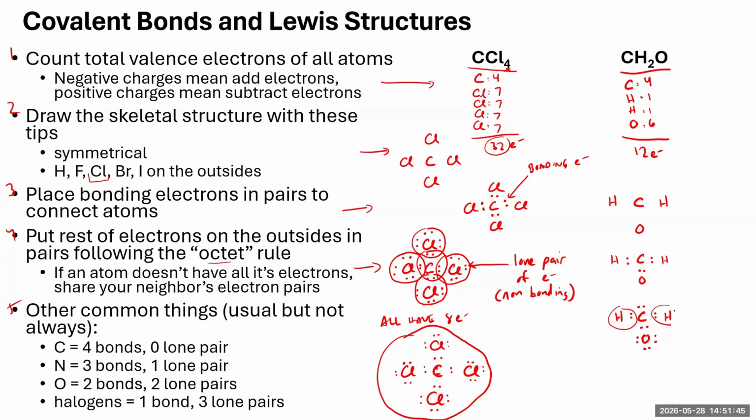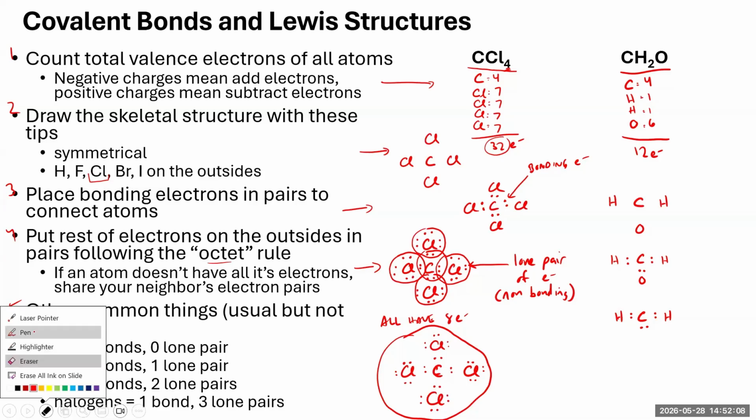This hydrogen has 2. This carbon has 8, which is perfect. Oh, sorry, I miscounted. Let me do that over again.